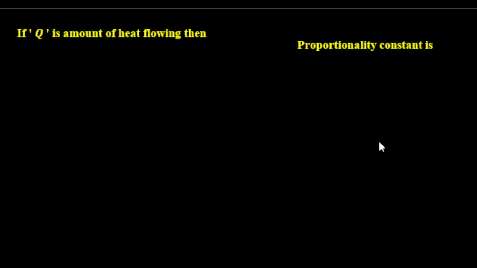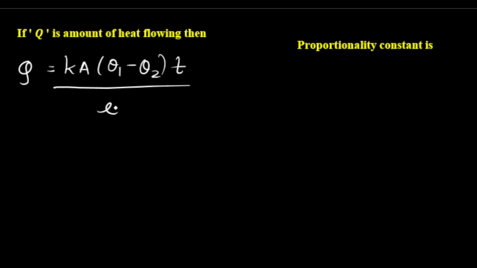Now we have Q, the amount of heat flowing. It is easy. Q is equal to K A (theta 1 - theta 2) into T divided by L. Here K is the proportionality constant.